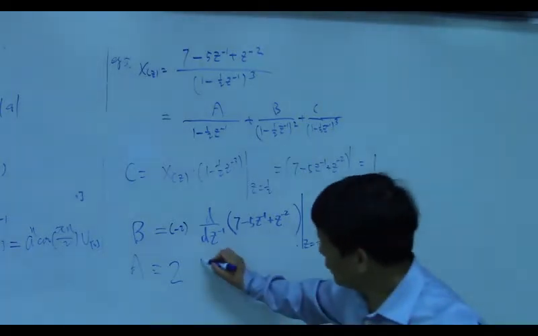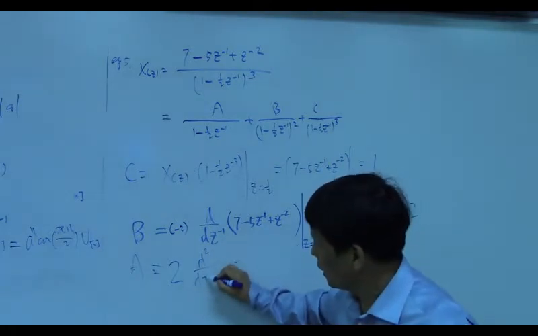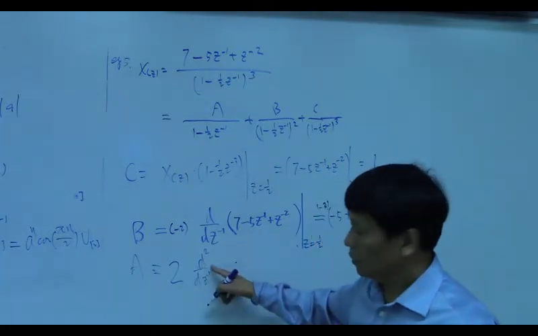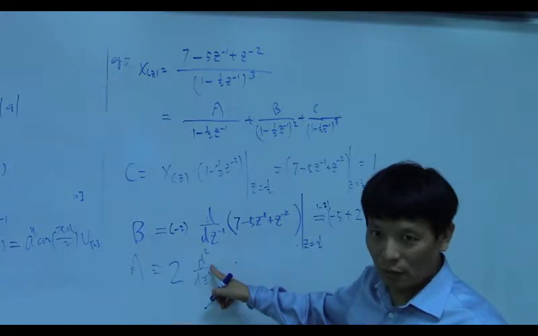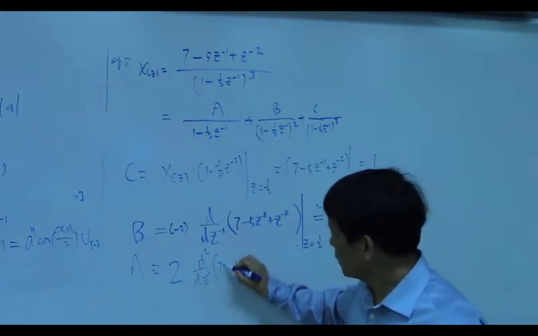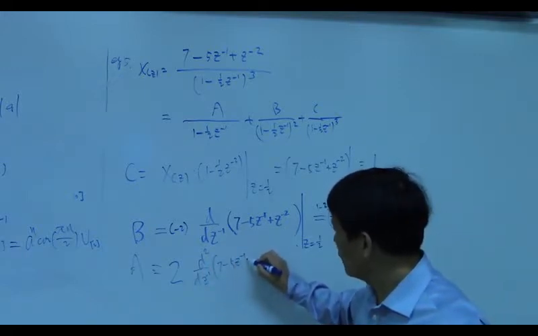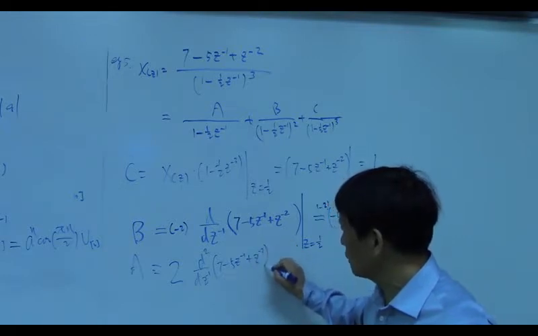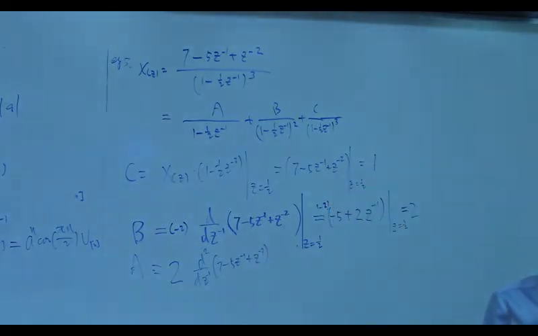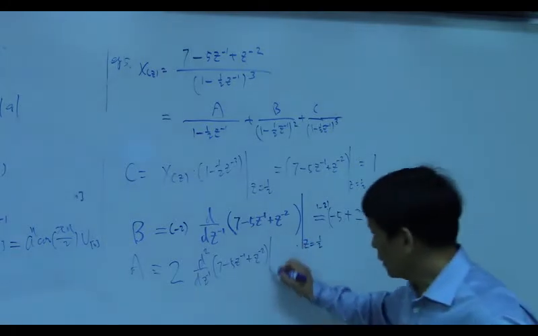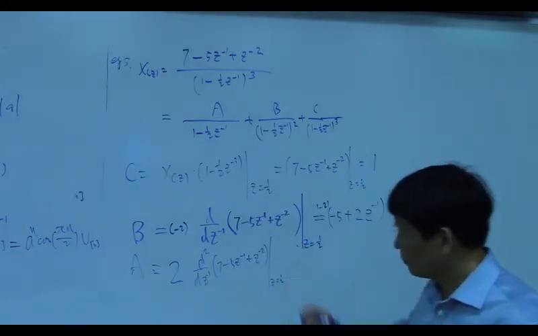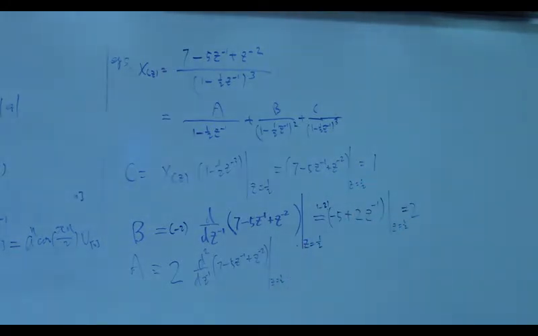It will be d squared over dz^-1 squared, second order differentiation with respect to z^-1 of (5 plus z^-1)^-2, this. And again, we let z equals half. We need to take the second order differentiation of this.